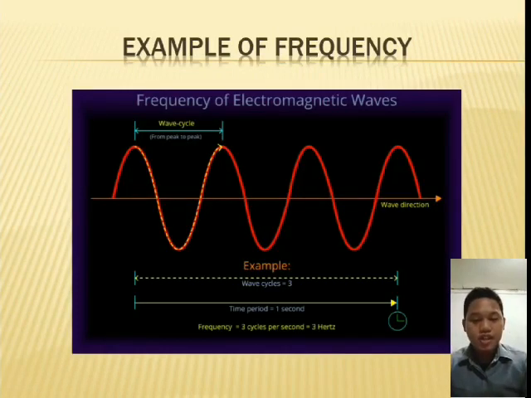This is the wave cycle. Then next, frequency is how many cycles per second. You can see here how many cycles there are: 3. That is what you see in the example.